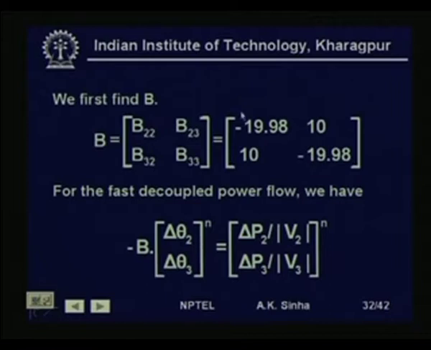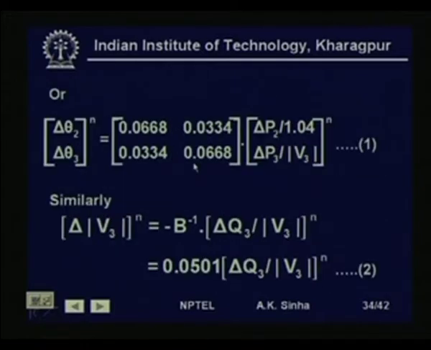So, B is given like this, and for the Q equation we have only bus 3. So, the bus 2 row and column is eliminated and we have only B33 available. So, using this we get del V3 as this much.